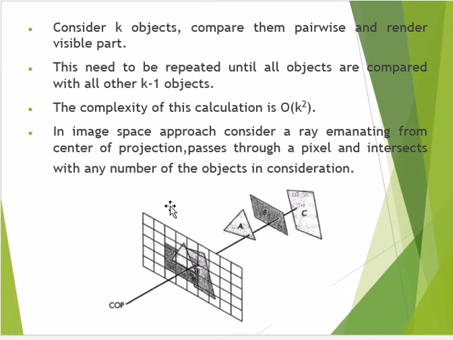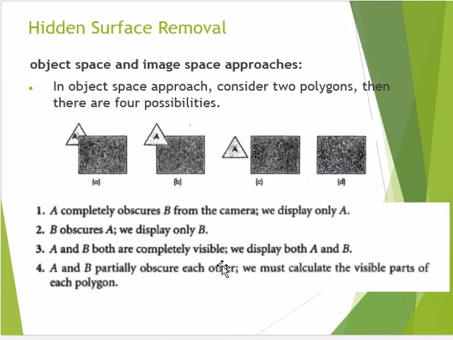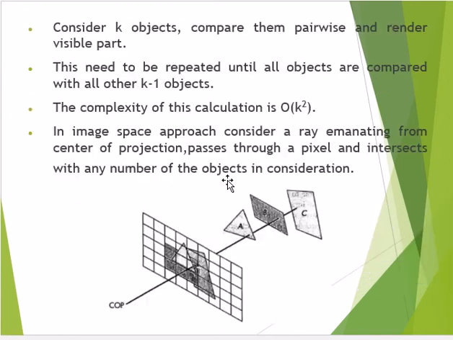After finding one of the possible cases out of these four, we have to find the visible parts of the K polygons we have in our image. So it needs comparison of every object with the K minus 1 objects.